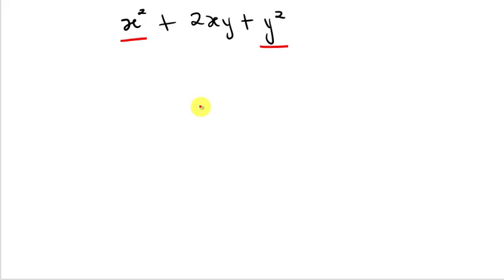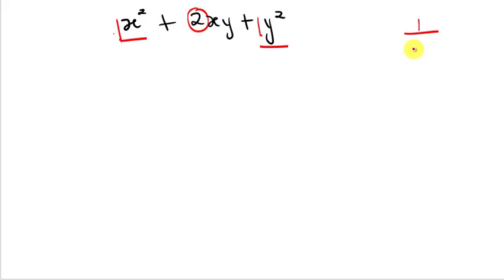In this case, we consider the coefficient of x squared, that is 1, and the coefficient of y squared, that is 1. We multiply them. So positive 1 times positive 1 is going to give us positive 1. So we look for two numbers which when you multiply, you get 1, but when you add, you get the coefficient of the xy, that is 2.